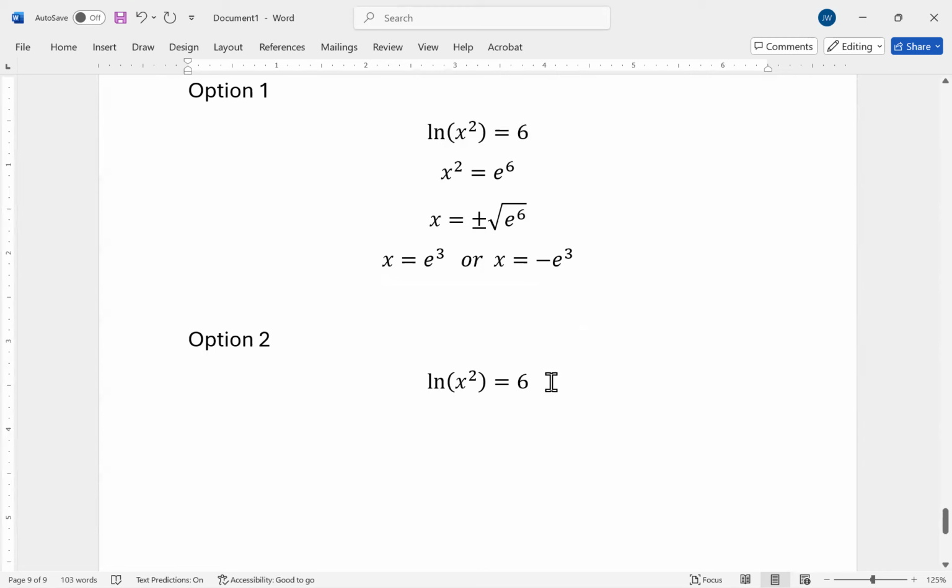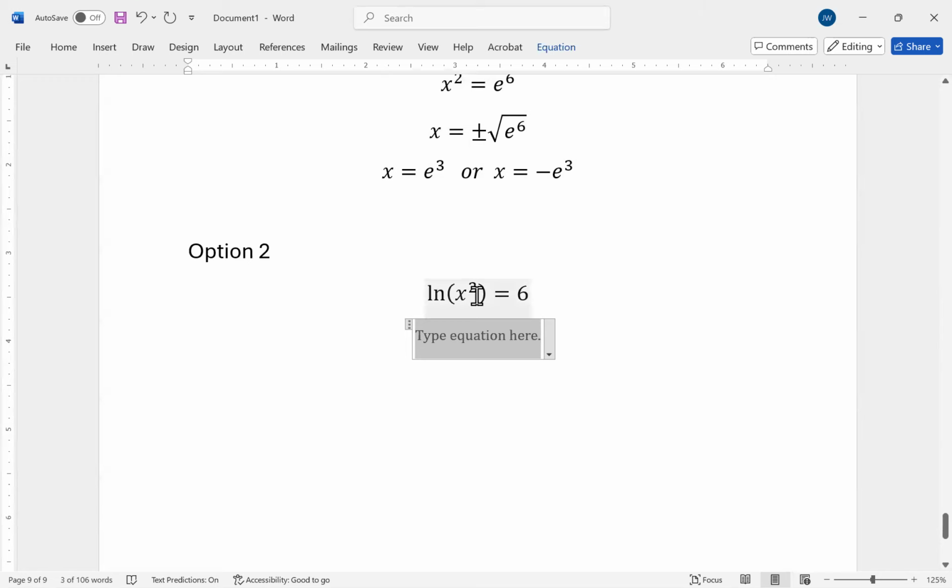Now, here's where it gets a little tricky. What if instead of rewriting initially, what if I tried to use the power rule here and pulled out a 2 and then got 2 times the natural log of x is equal to 6?